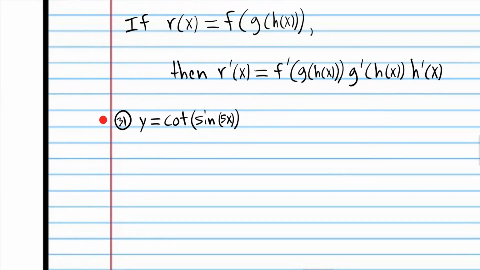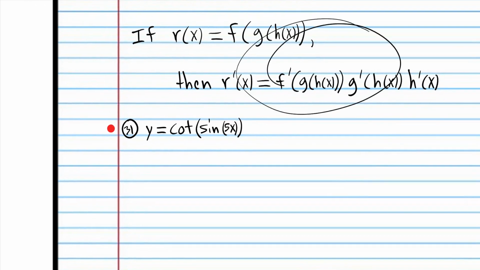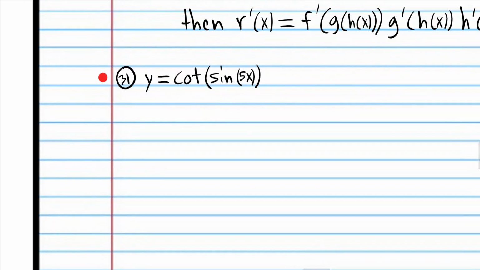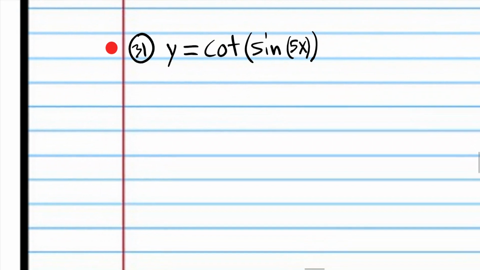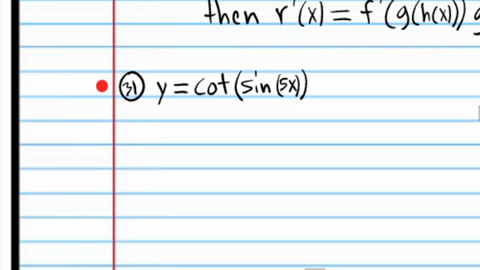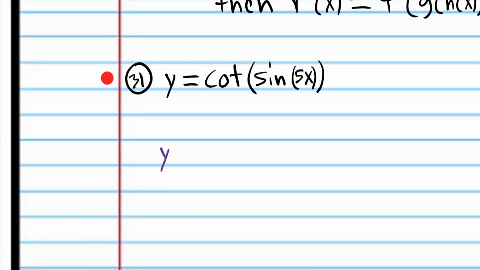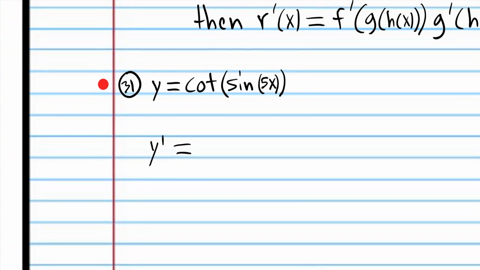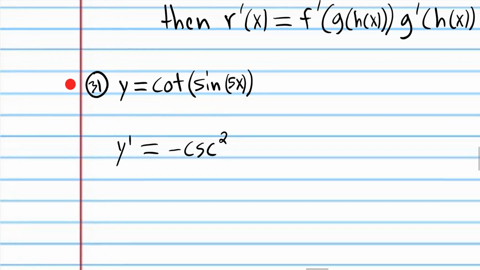So let's try an example of that. Again, you don't need to use this formula. That just kind of shows you why this is called the chain rule. But we're finding y prime. So we're going to find the derivative of the outside function, which is negative cosecant squared, and we're going to keep the inside function unchanged.